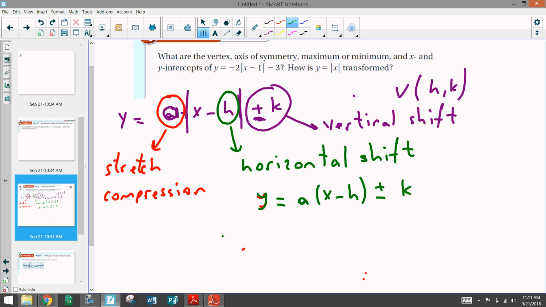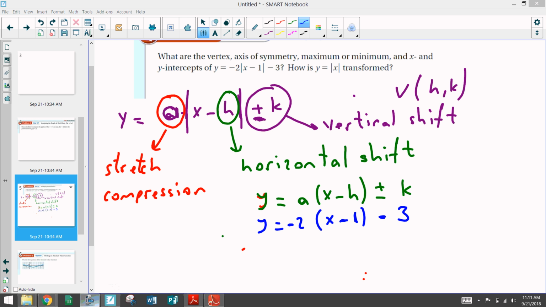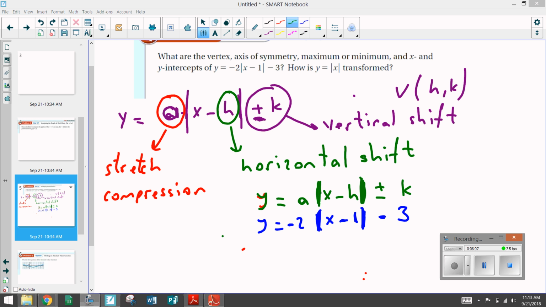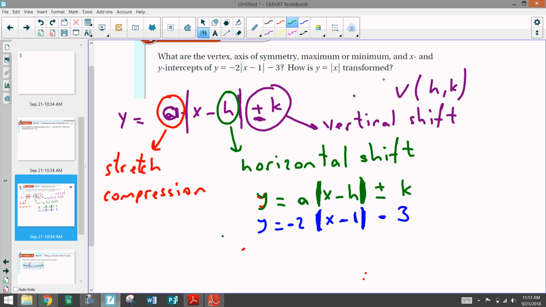Then what is the question? I will match the question and the function. y equals negative 2 absolute value of x minus 1, minus 3. Now we identify the vertex right here.